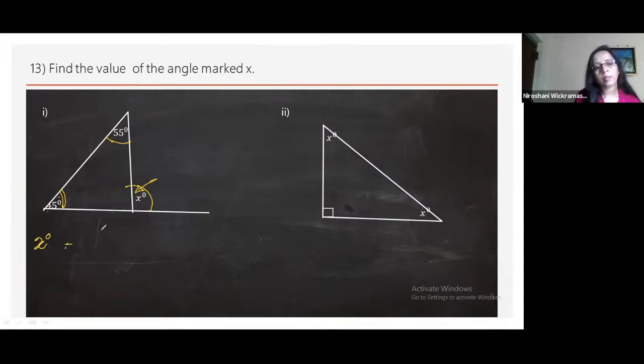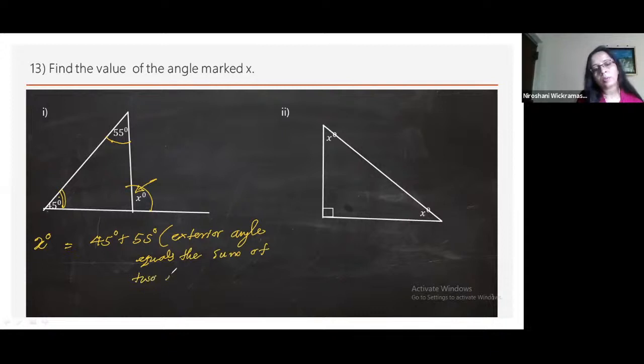You can use that concept. x equals 45 plus 55, exterior angle equals the sum of two interior opposite angles. x equals 5 and 5, 10. 1 remaining, 100.